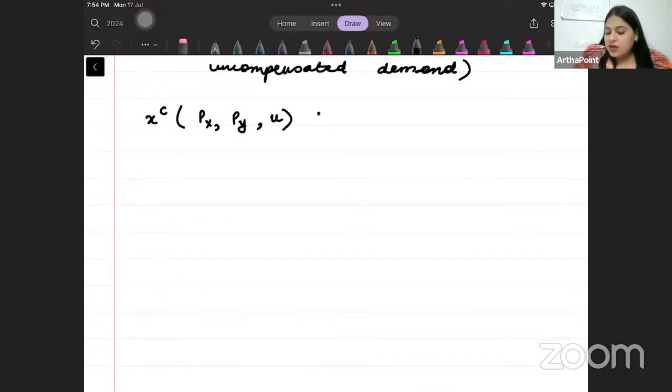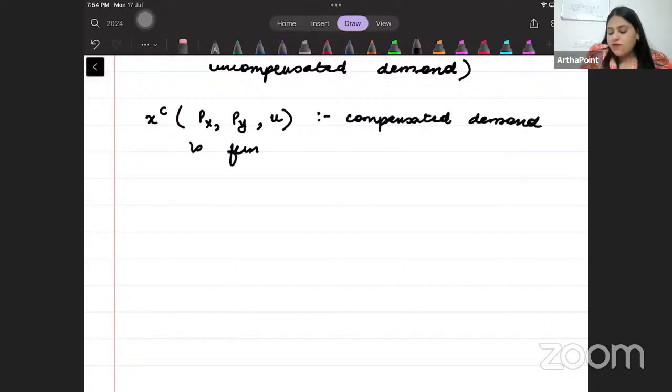So we can say that compensated demand is a function of prices and utility.